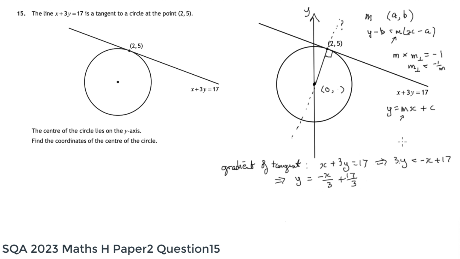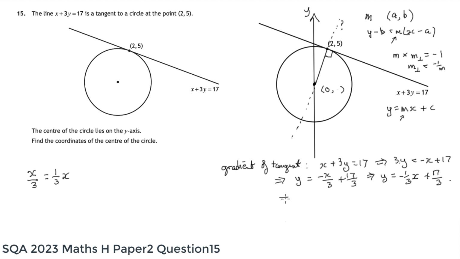Now, the expression x over 3 is exactly the same as 1/3 x. If you divide a number by 3, it's the same as multiplying it by 1/3. So these two expressions are the same. So basically we've got y equals -1/3 multiplying x, and we've got 17 over 3 at the end there.